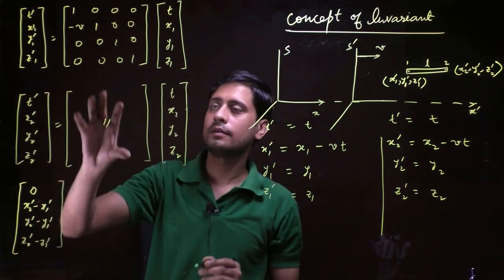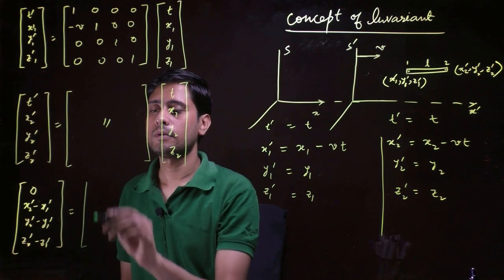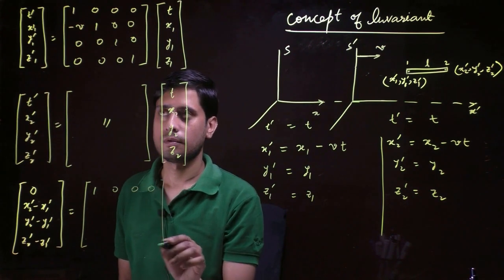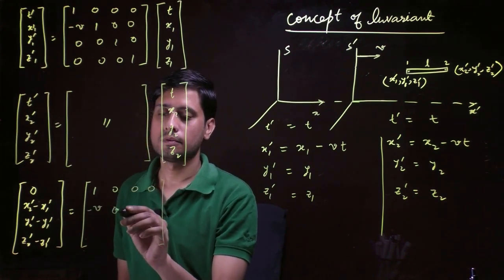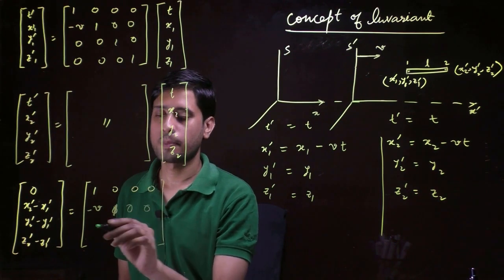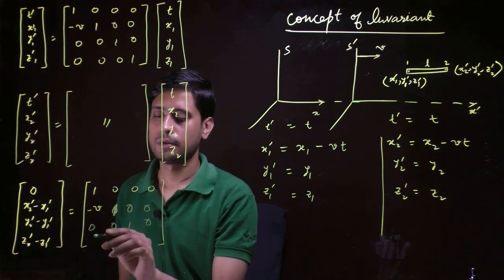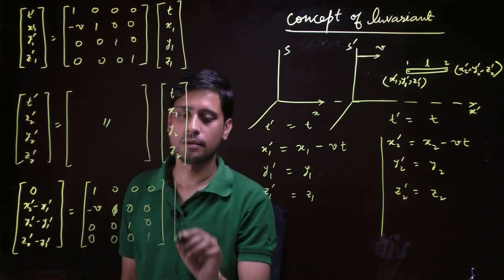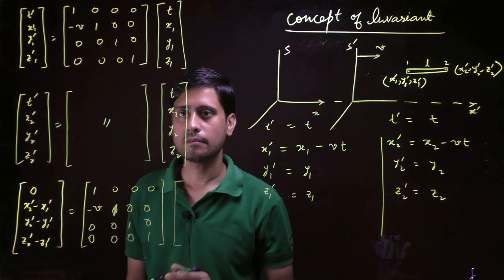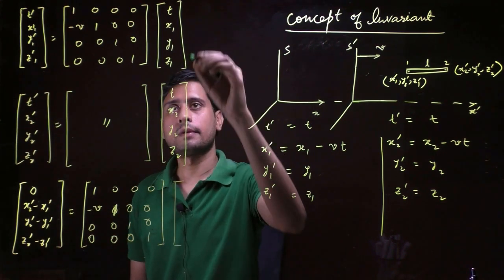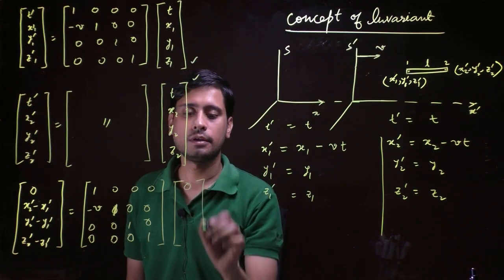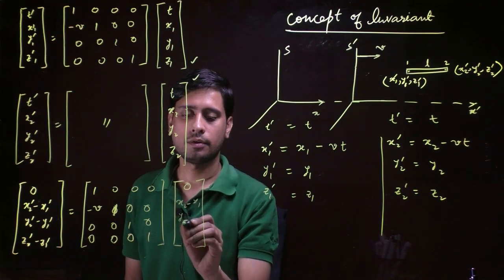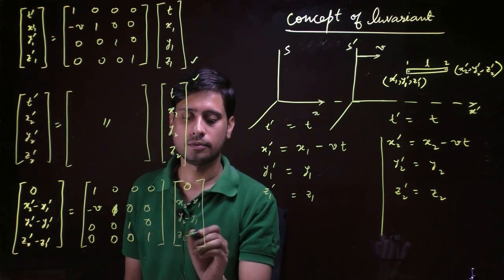As the two matrices are the same, it will be common: 1 0 0 0, minus v 1 0 0, 0 0 1 0 and 0 0 0 1. This will multiply a column with 0 here, and x2 minus x1, y2 minus y1 and z2 minus z1.